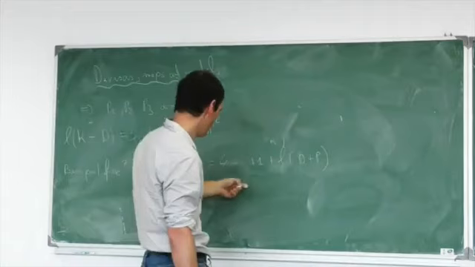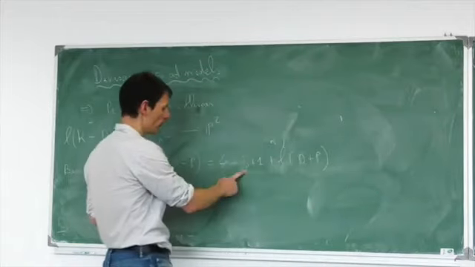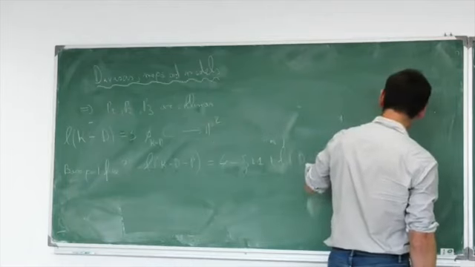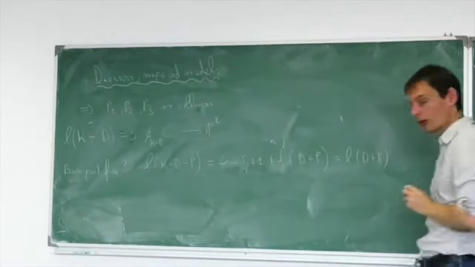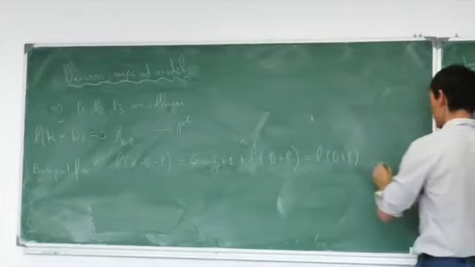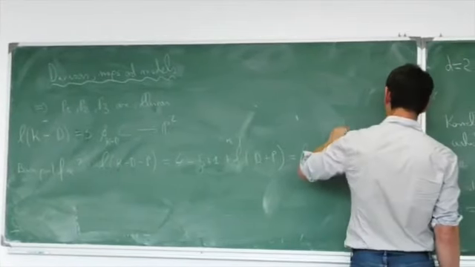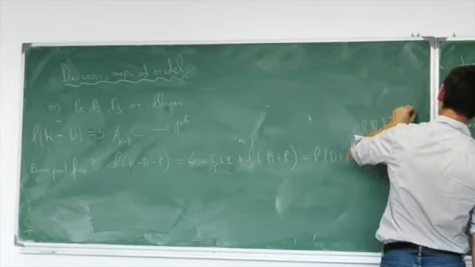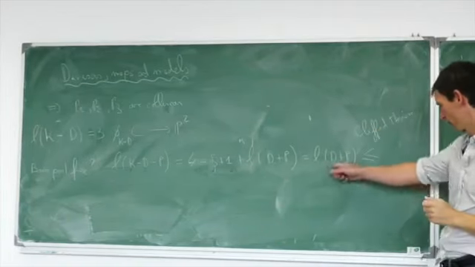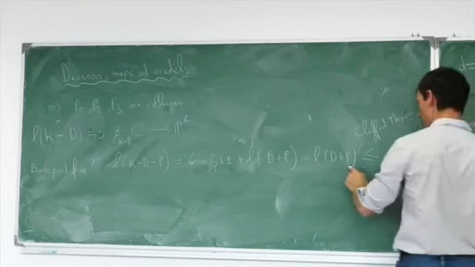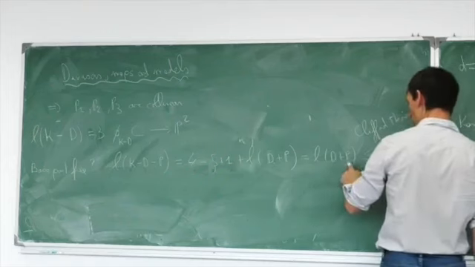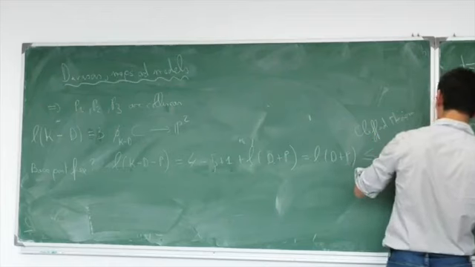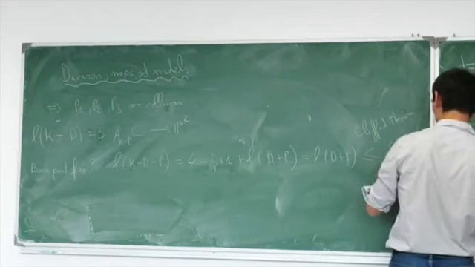So the genus is 5, so 4 minus 5, that's minus 1, 0, so this is L of D plus P. And now I'm going to use Clifford's theorem to say that this needs to be smaller than the degree, so 3 plus 1, 4, divided by 2 plus 1. So here it would be 3.